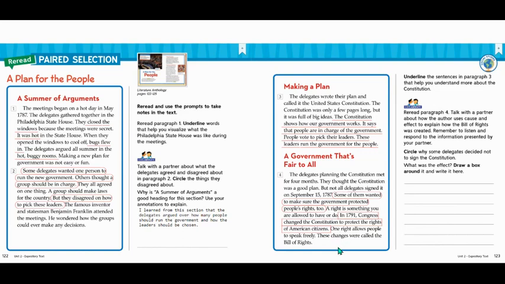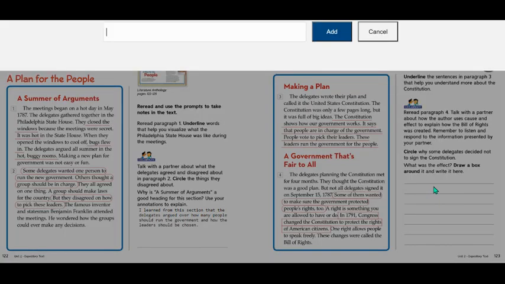Let's finish the paragraph. One right allows people to speak freely. These changes were called the Bill of Rights. So now that we've circled the cause and boxed in the effect, the next thing they want us to do is write down the effect here.